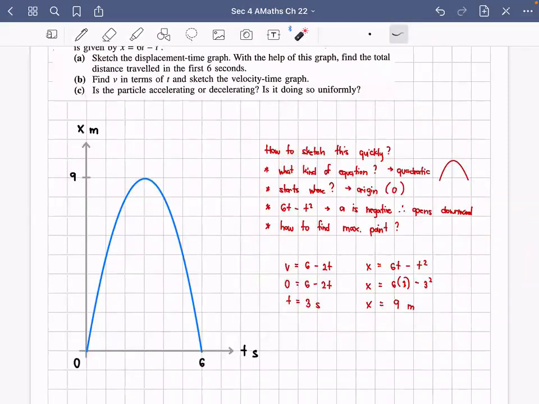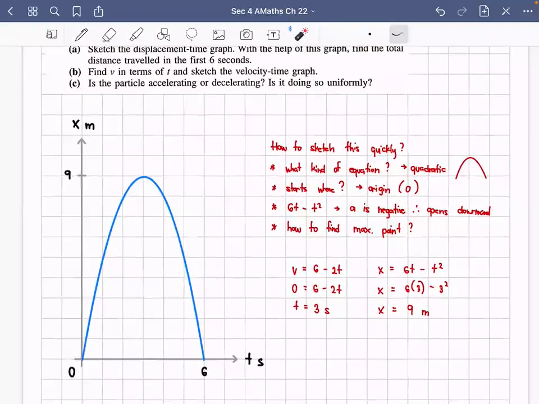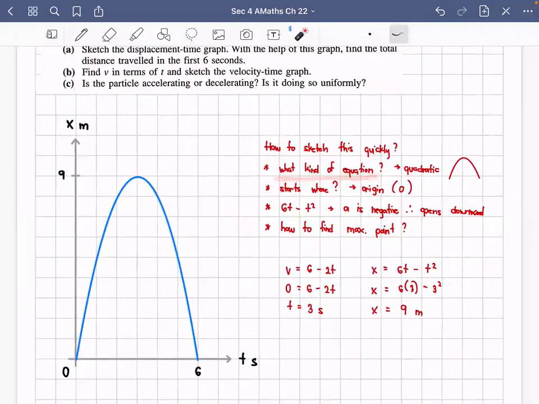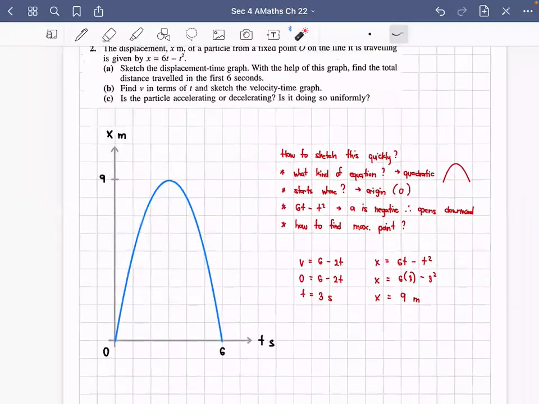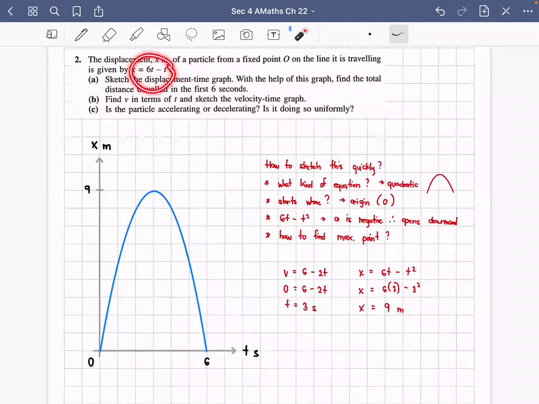Basically, what you need to do first is to draw your x and y, making this your displacement, x meters, and then this one is your time axis, t seconds, right? Then you ask: what is this equation? This is quadratic, right, because of this t squared.